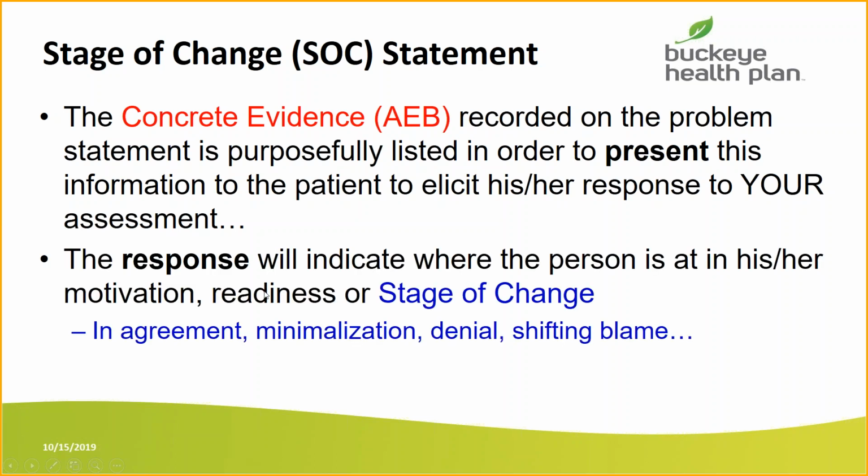That's how you lead the patient to the right areas that they need to work on, and you elicit information from the patient's mouth on what he or she is willing to do. So their response will give you some indication of the stage of change. Are they in agreement, minimization, denial, or shift and blame, and so on and so forth?